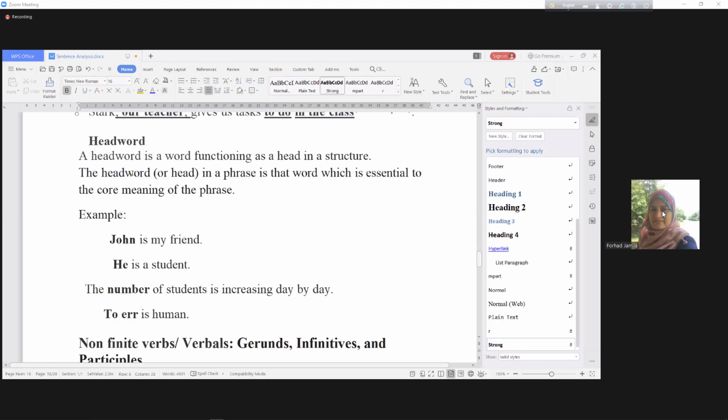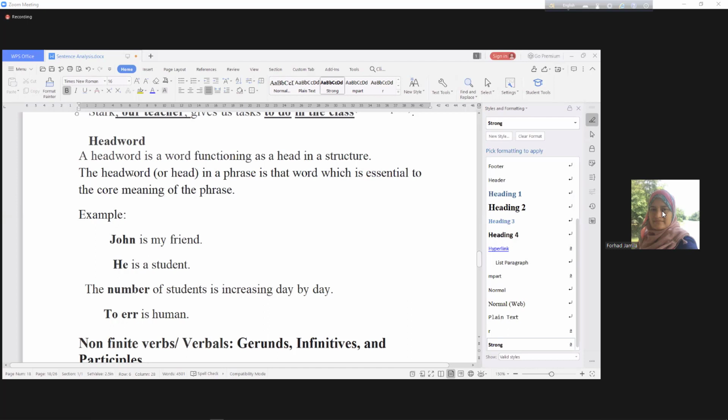So I have given you few examples of head word here, where you will find that noun can be used as head word, pronoun can be used as head word, also noun, number. Okay, so John is my, he is a student, that is the pronoun can be head word.